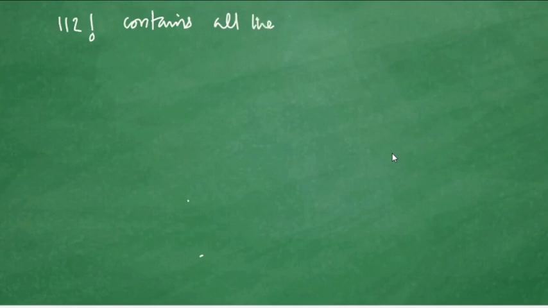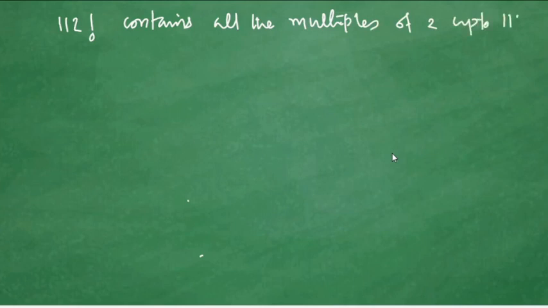So 112 factorial contains the multiples of 2 up to 112, and we can write it this way: 112 factorial contains all the multiples of 2 up to 112, and multiples of 5 up to 112.